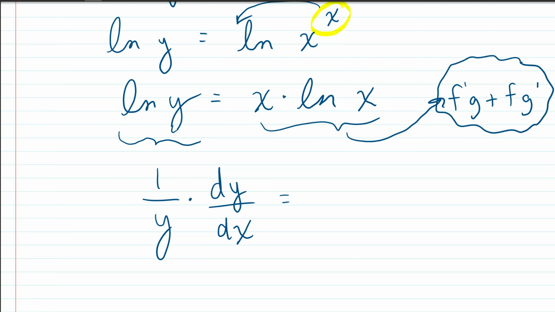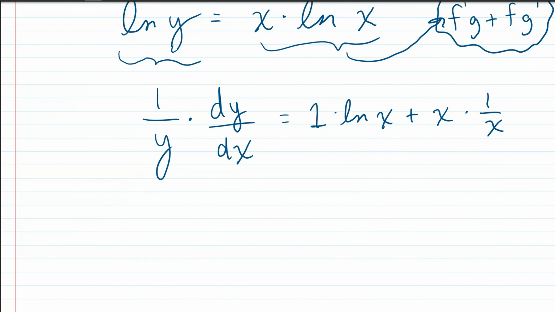So the derivative of x is just 1, times the second function, the natural log of x. We add that to x, times the derivative of the natural log of x, which is 1 over x.